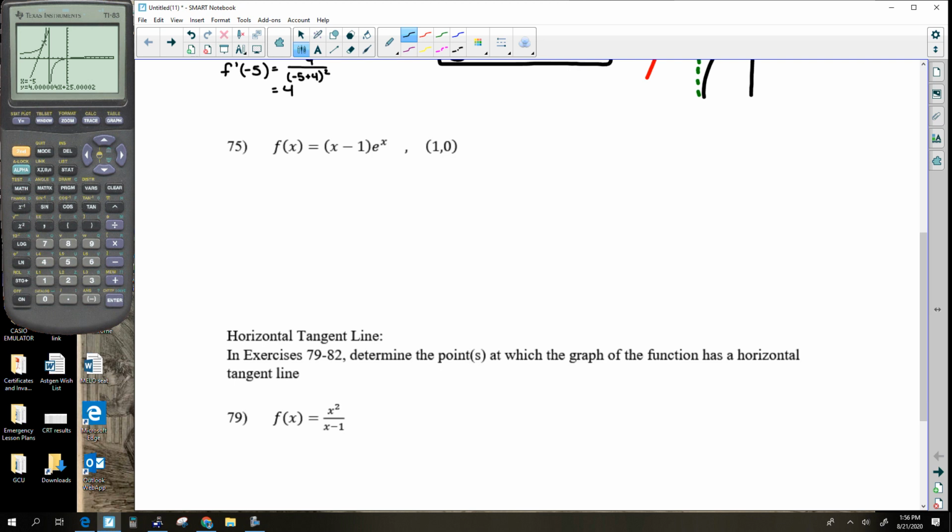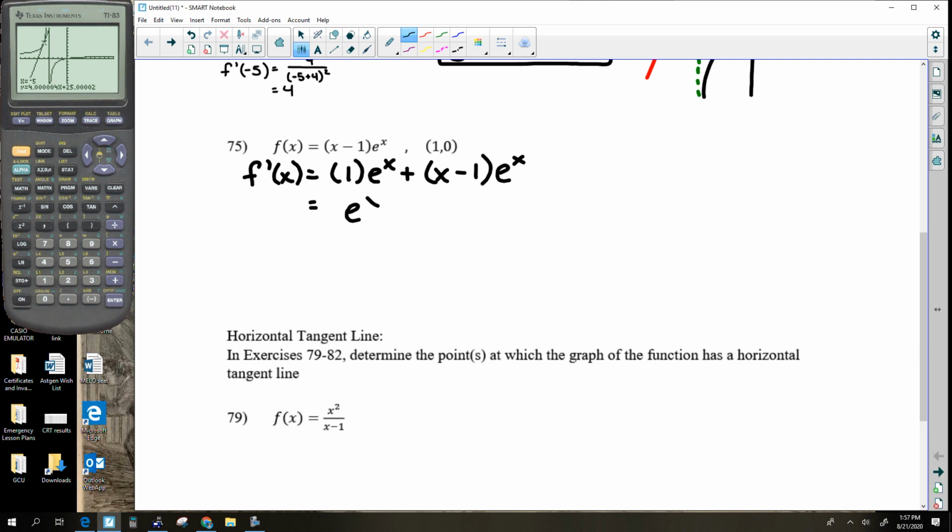Number 75, what is the equation of this tangent line? Again, we begin with the derivative. The derivative of the first is 1, plus, leave the first one alone, derivative of the second, that's e to the x, and that's still e to the x. Derivative of e to the x is e to the x.